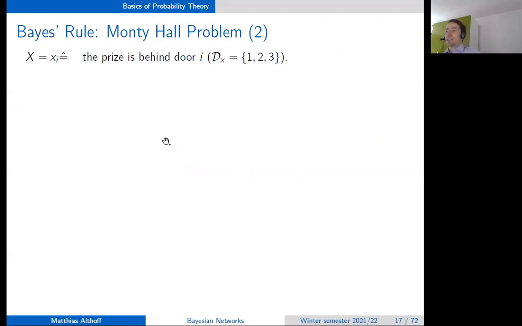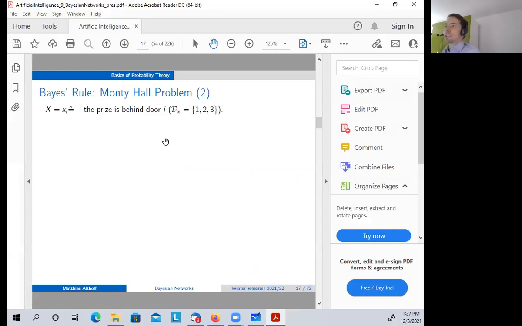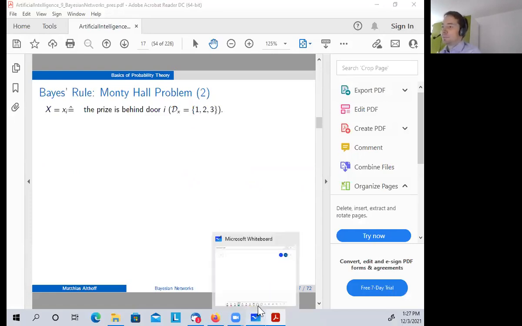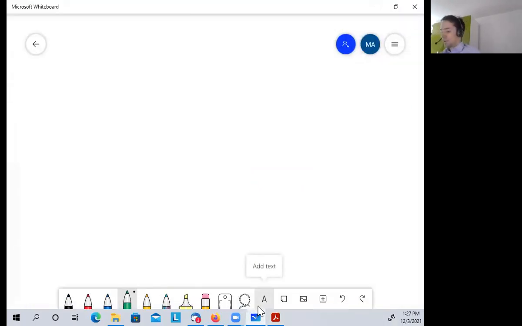Now we can compute the best solution based on Bayes' rule. We have to introduce 2 random variables. The first one is x, and if x equals x_i, this corresponds to the prize being behind door i.